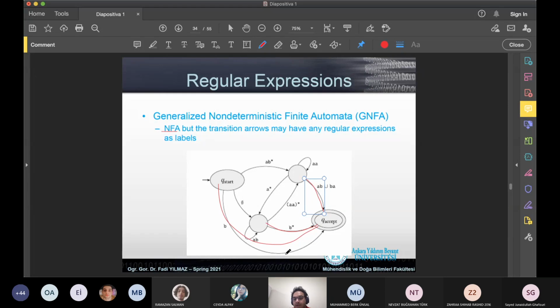Is this clear, guys? Accept state, but there is no arrow going from the accept state to another state. There is no arrow like this or like this. So there are arrows going out from the start state to all other states, but the accept state is different. There are arrows going in from every other state to the accept state.